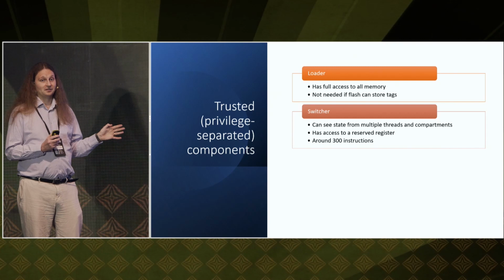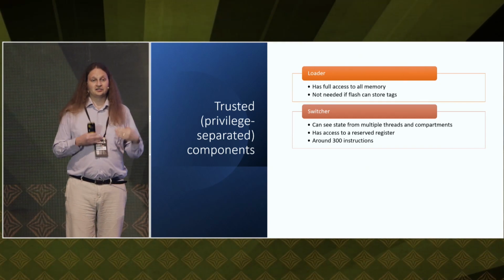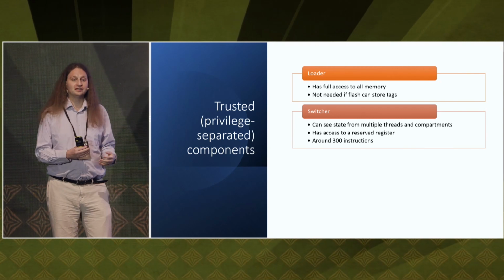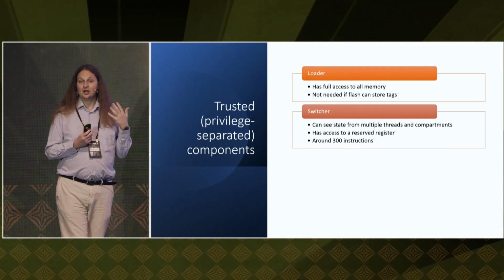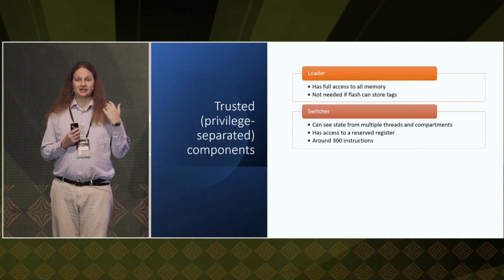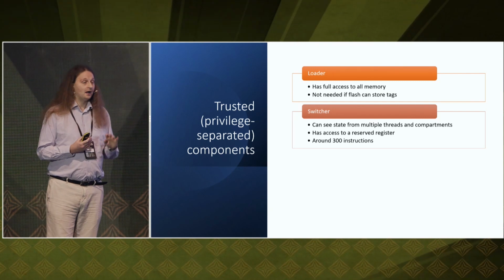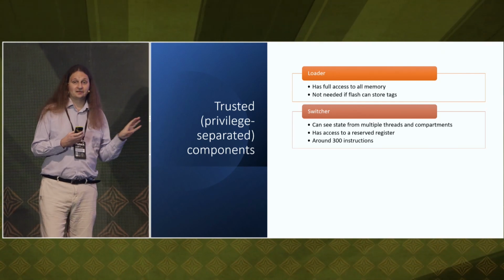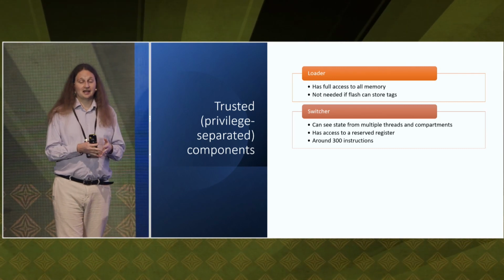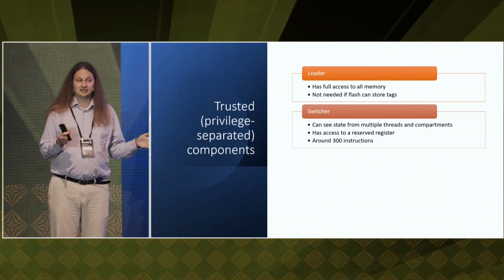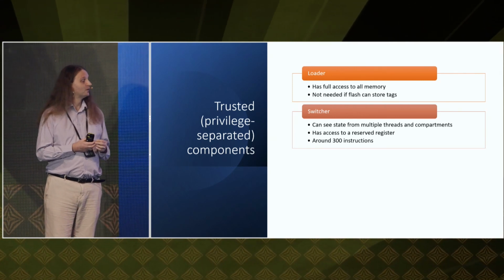So the next most privileged thing is the switcher. And this is the thing that can unseal those export table entries. It's the thing that handles exceptions when you get an interrupt, when you take a fault from going out of bounds. This is the only thing in the system that can violate our compartment isolation or thread isolation guarantees if you find a bug in it.